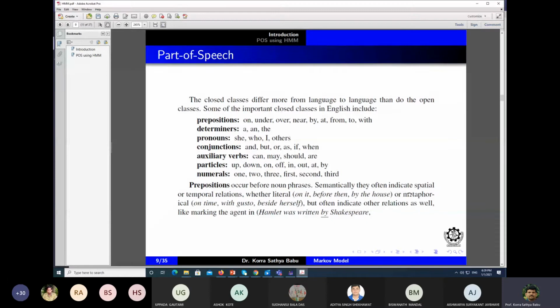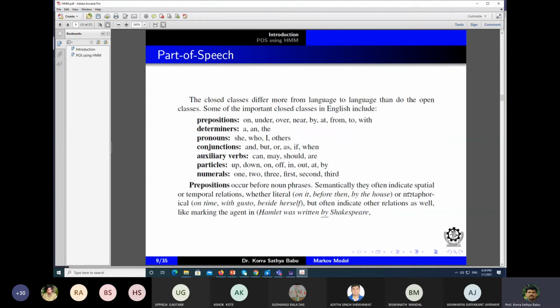So we have conjunctions also. All this I am speaking about are the closed categories and the open categories. The open categories we have seen earlier: the nouns, the verbs, adjectives and adverbs. All the remaining parts of speech are closed, and we are seeing about them.